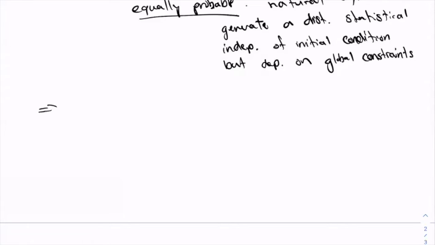So this assertion that all microstates are equally probable in an isolated system is known as the ergodic hypothesis. It is the fundamental postulate from which thermodynamics and statistical mechanics follows.